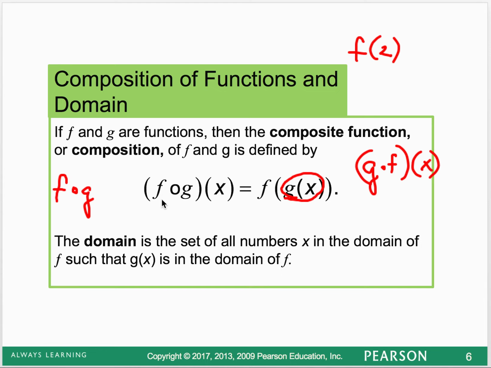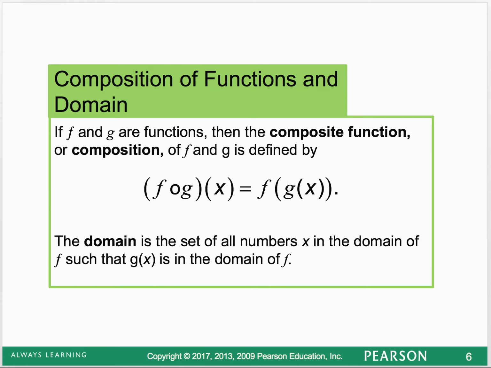When we do composite functions, the domain, first of all, we find the domain of the second function. So I'm going to find the domain of g when I'm doing f of g, and I'm going to find the domain of f when I'm doing g of f. And then I do an intersection with that and whatever I get for an answer here. All right, so we'll look at what that means.